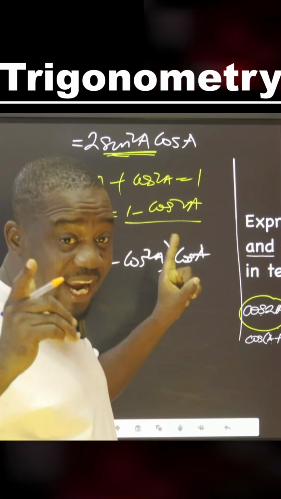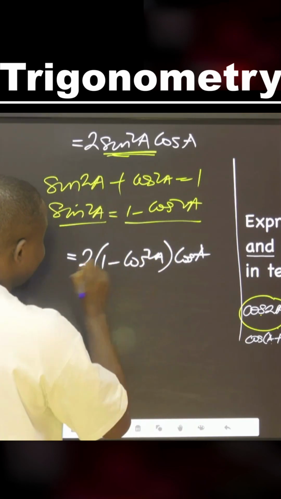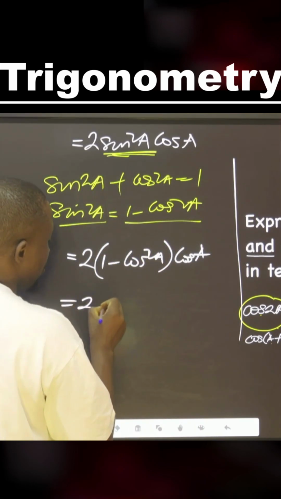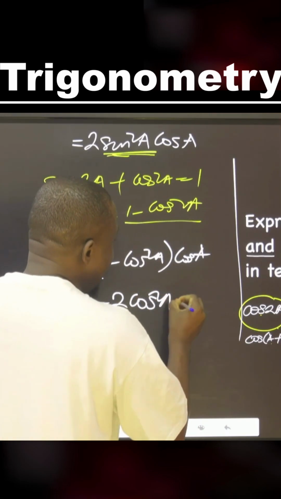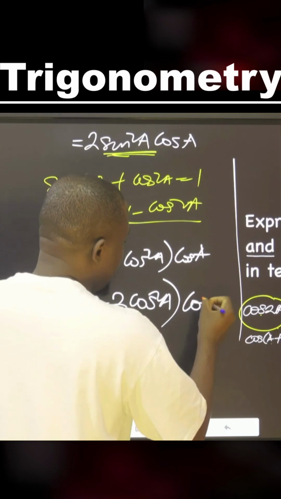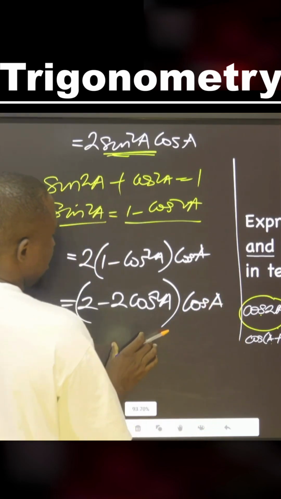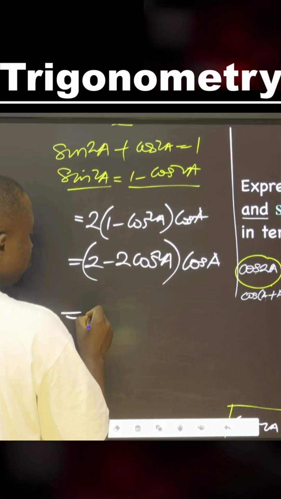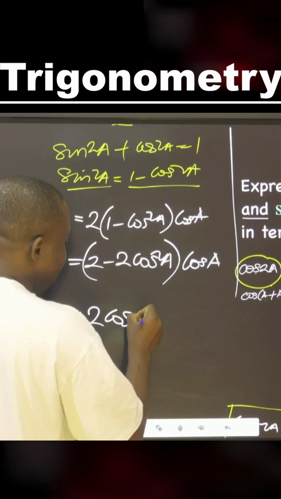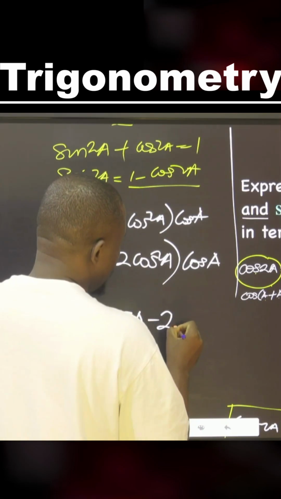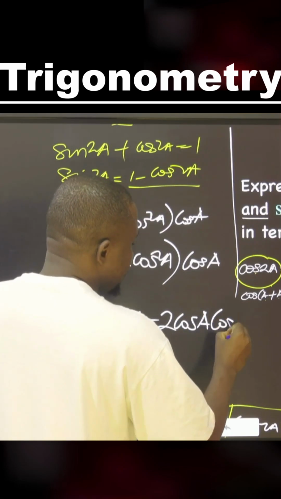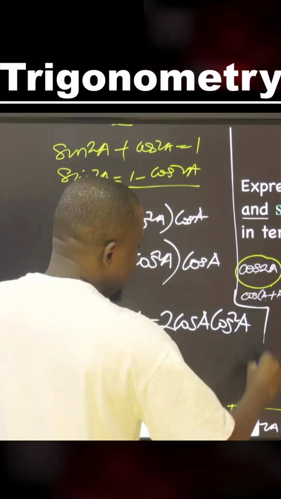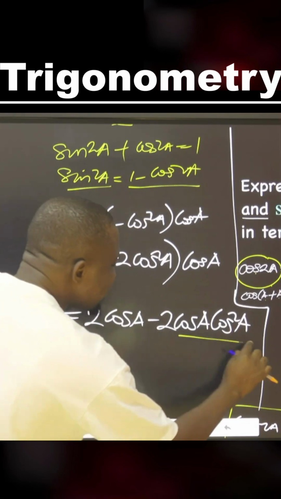Don't forget this equation. They are very important. Then we expand this to have 2 minus 2 cos squared A, times cos A. Then we continue: 2 cos A minus 2 cos A cos squared A. What is the meaning of this?